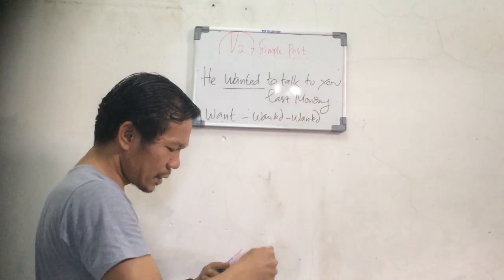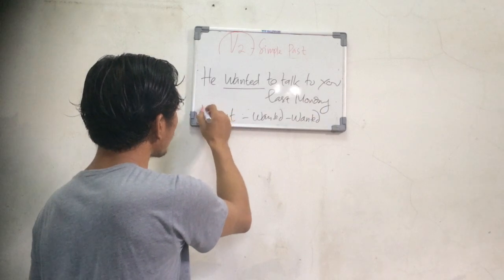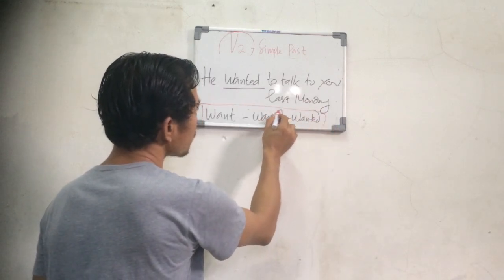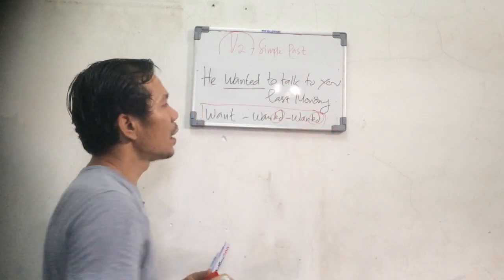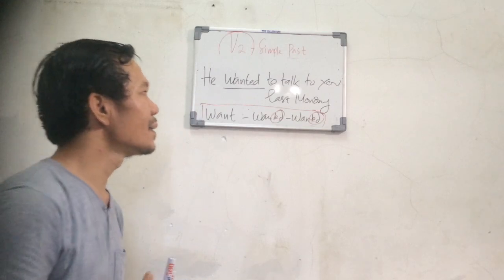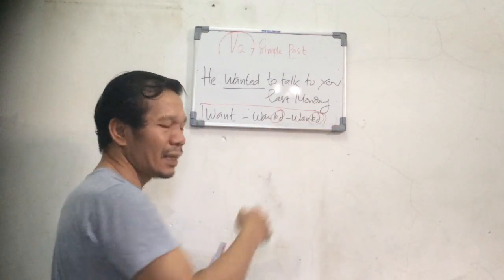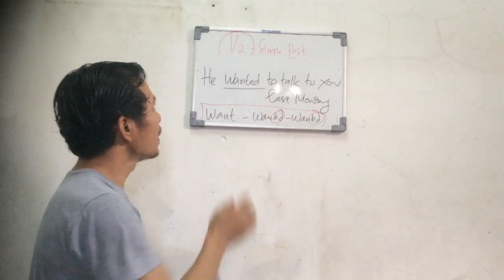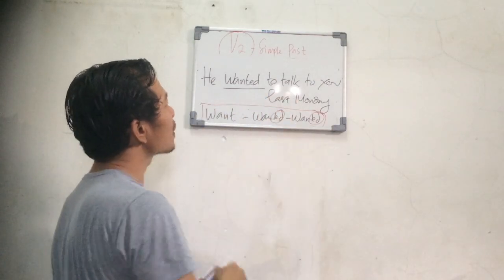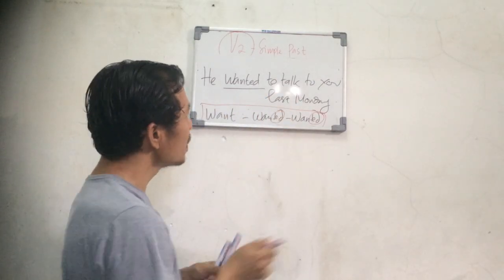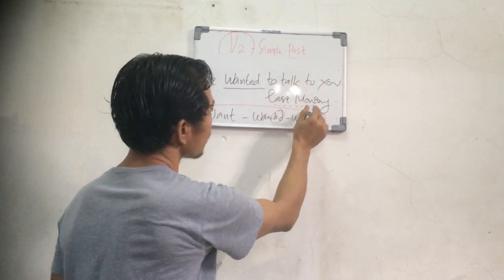So in English, this is called a regular verb. I mean the verb 2 and the verb 3 end with ed. So this is a regular verb. And he wanted to talk to you last night. So where is the specific time? This is the specific time.